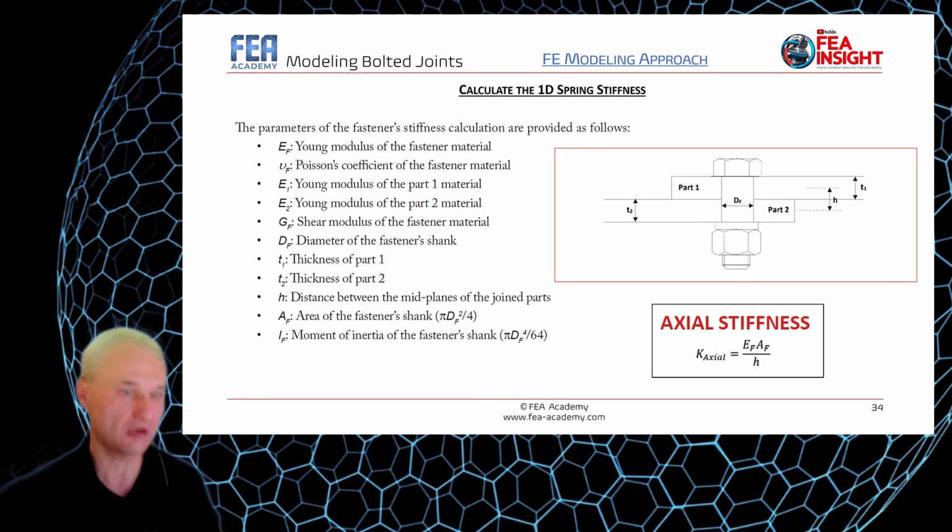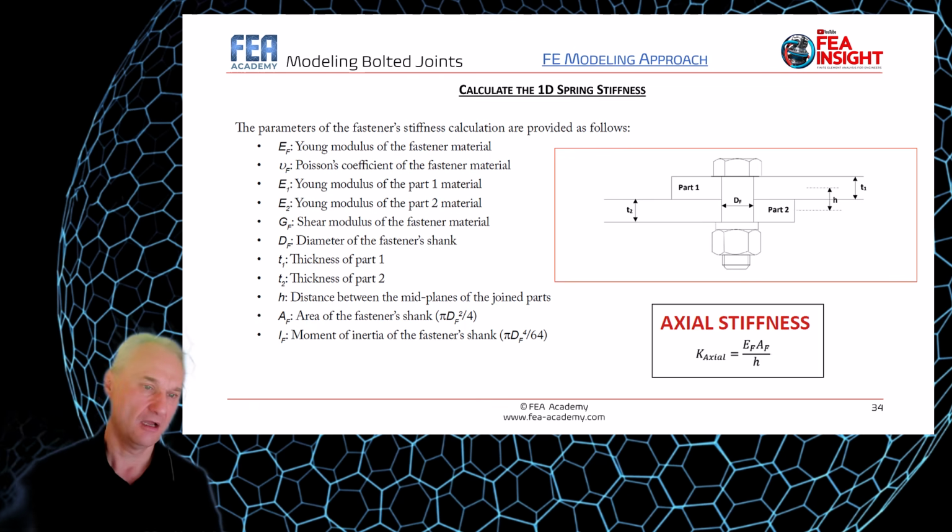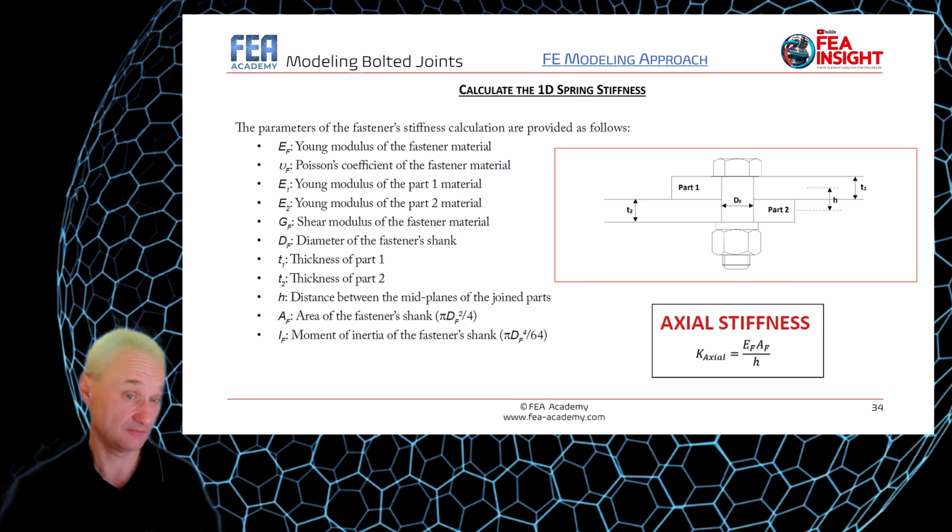The diameter of the fastener and the thickness of the two parts connected together, the distance between the mid-plane of the joint parts, like the grip, let's say, the cross-section of the fastener, and the moment of inertia of the fastener. Here, I'm talking about the fastener's shank.